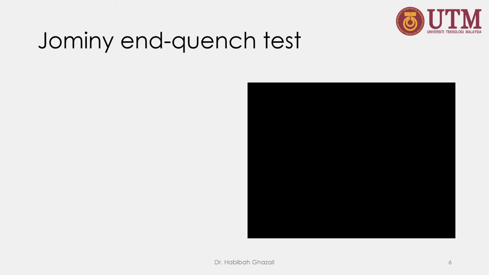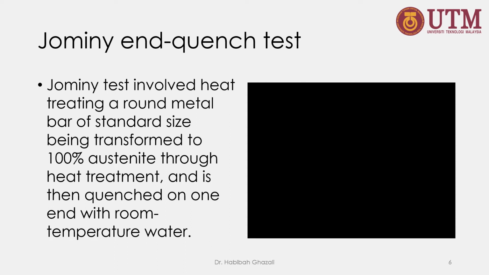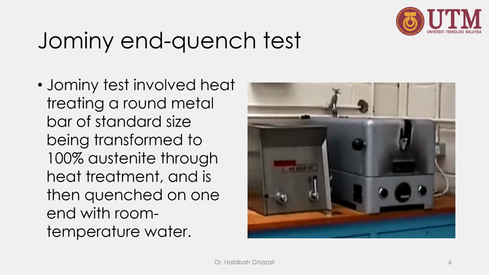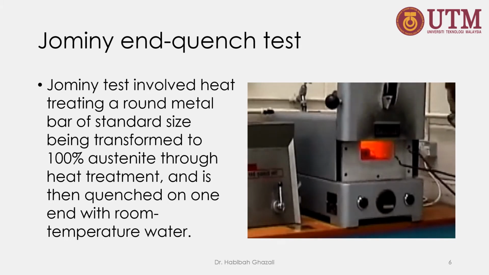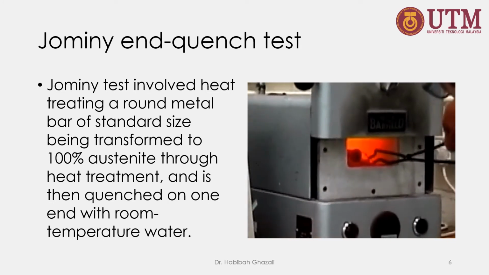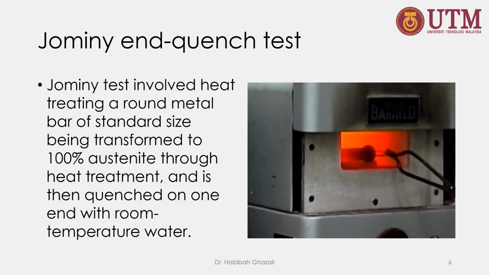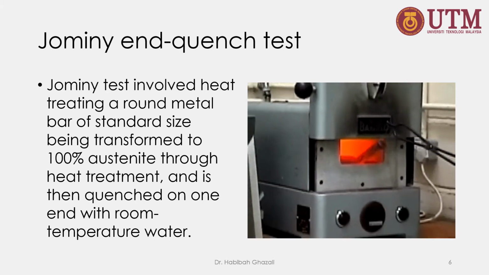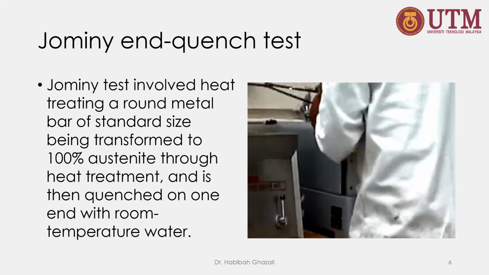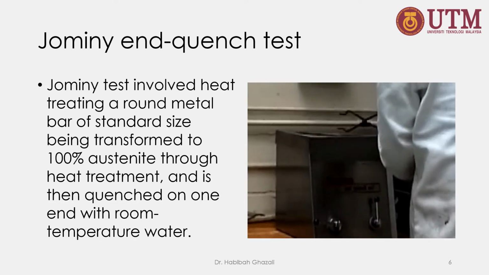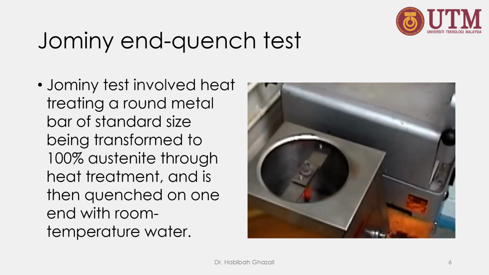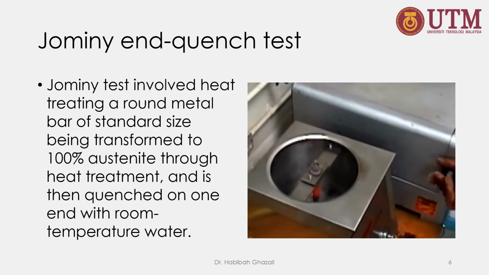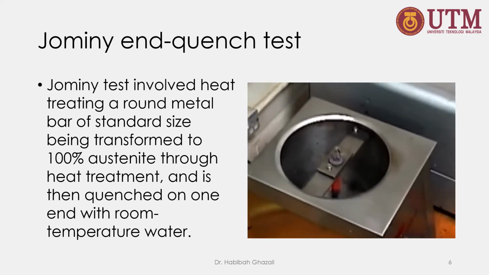I have a very short video clip here showing how Jominy tests are performed. These tests involve heat treating a round metal bar of a standard size, transforming it to 100% austenite by heating inside a furnace. As you can see, this steel bar with a certain carbon composition has been heat treated, and now they quench one end of the bar with room temperature water.